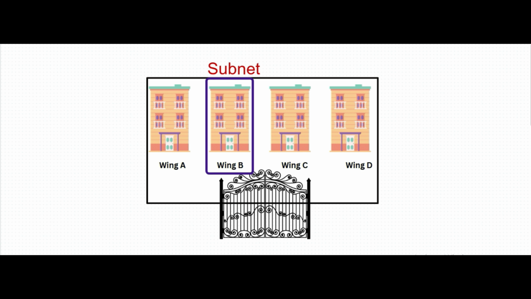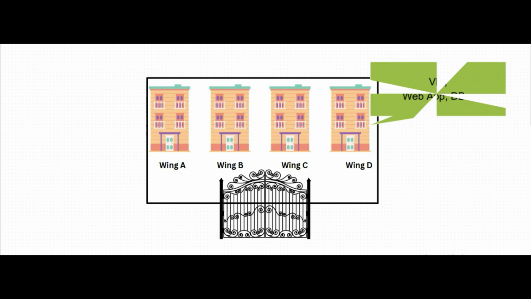Each wing represents a subnet of that virtual network. Inside the wing there are multiple flats where people live. A flat represents resources like a virtual machine, database, or web app, or any other Azure service which is part of a subnet.